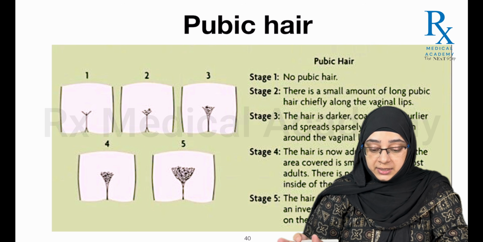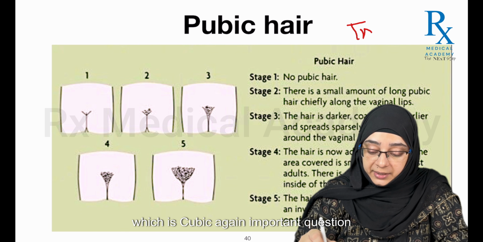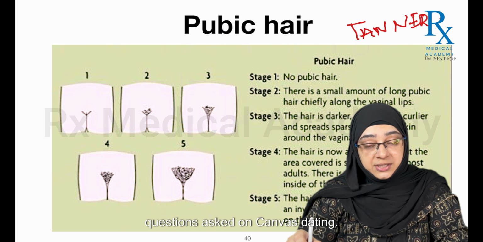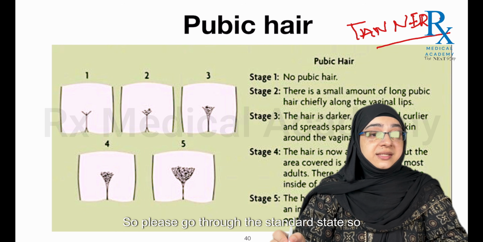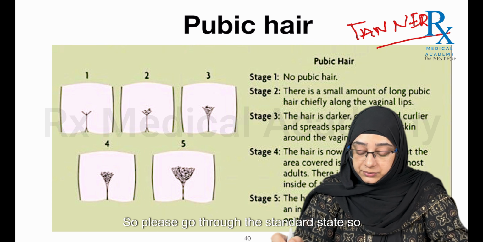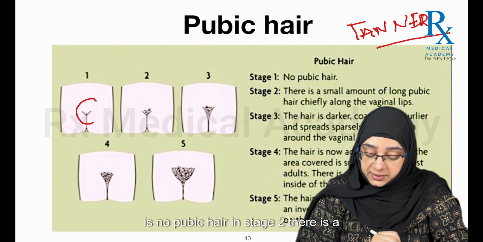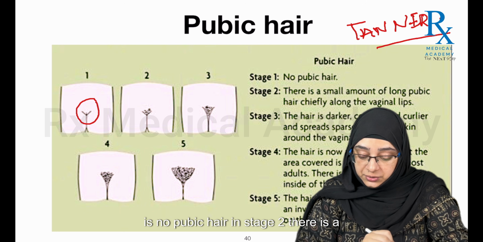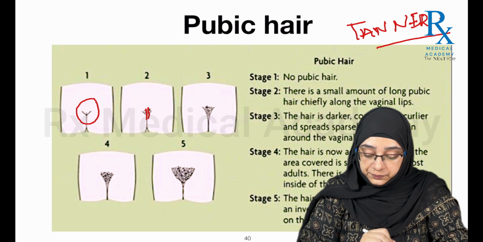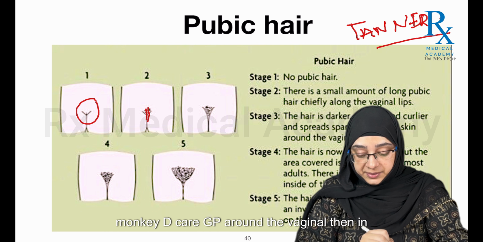So next we come to another Tanner staging, which is pubic hair. Again, important question. Lots of questions are asked on Tanner staging. So please go through these Tanner stagings again and again. Alright, so the Tanner staging says pubic hair stage 1 is, you can see, there is no pubic hair. In stage 2, there is a small amount of long pubic hair, chiefly along the vaginal lips.